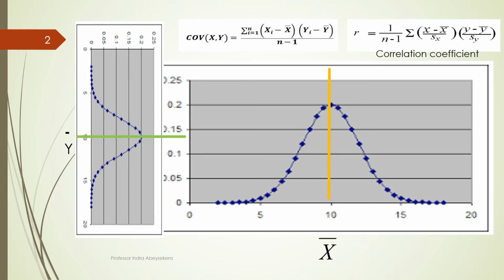The correlation coefficient is standardized from the raw values by dividing by the standard deviations of the x variable and the y variable.